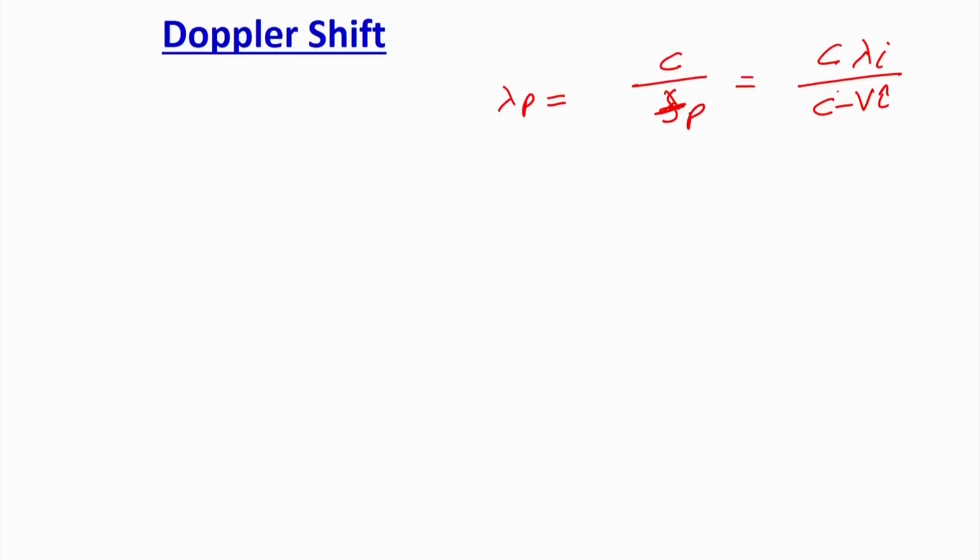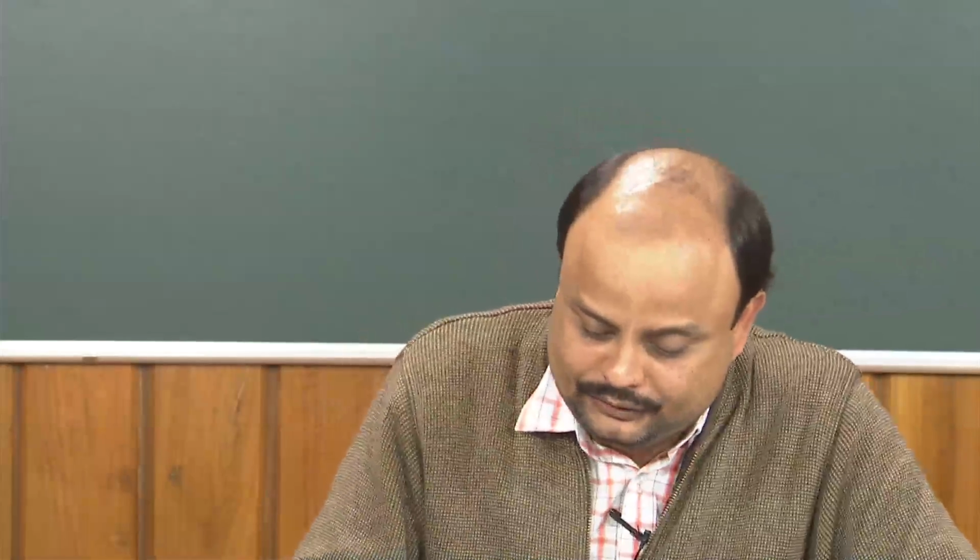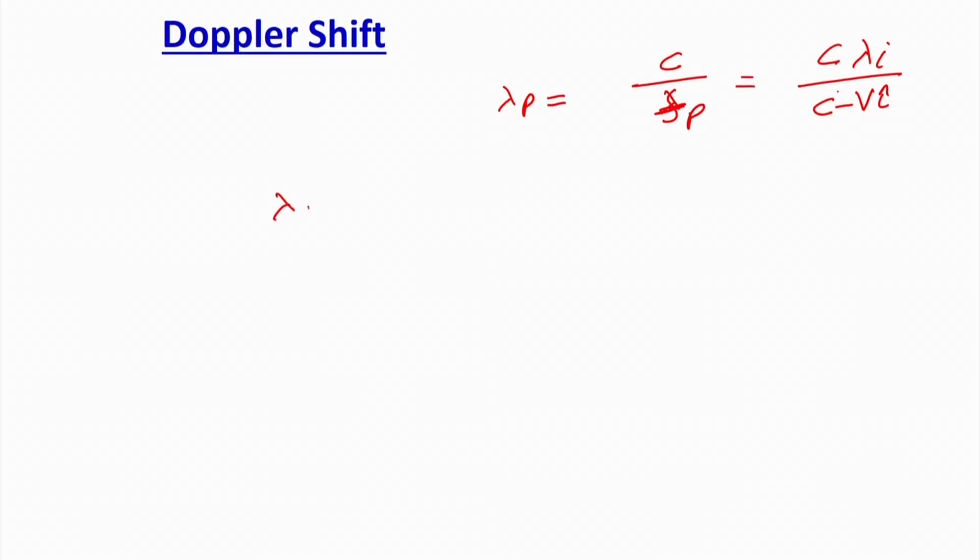Now, if I assume that the source is also moving towards this, what will happen? You will see a certain velocity again, and the frequency of the incident light, where the source itself is moving, will change, and let us assume that is lambda s.